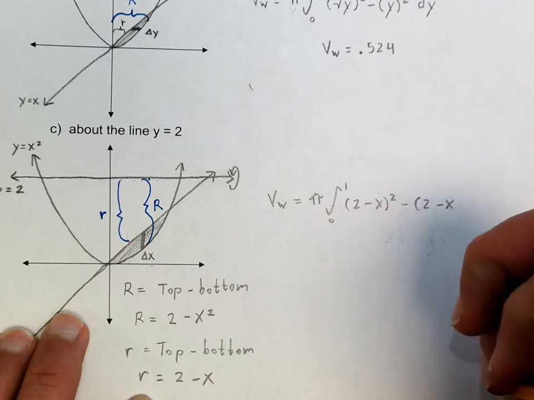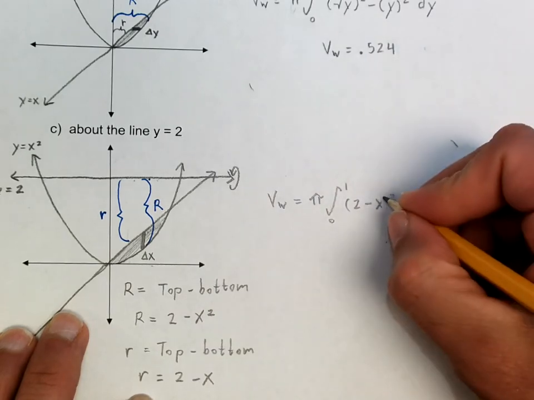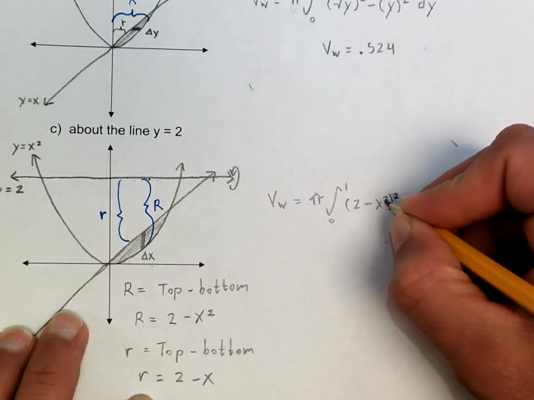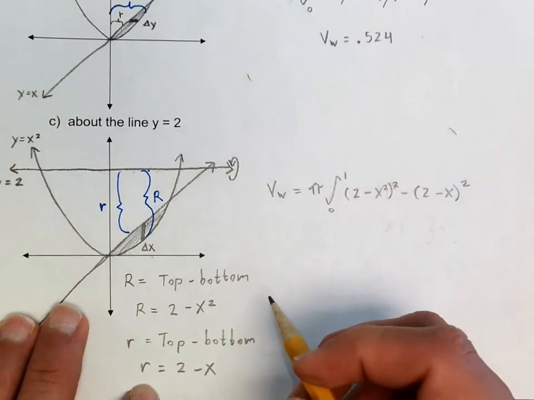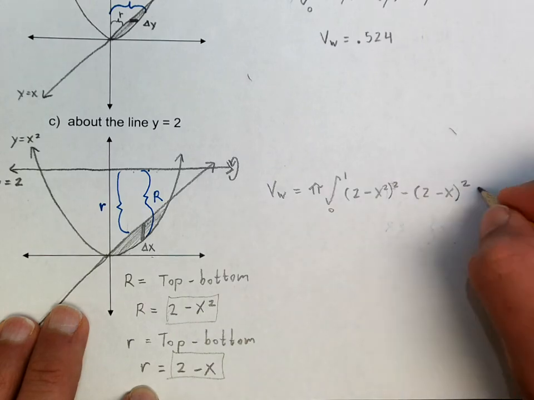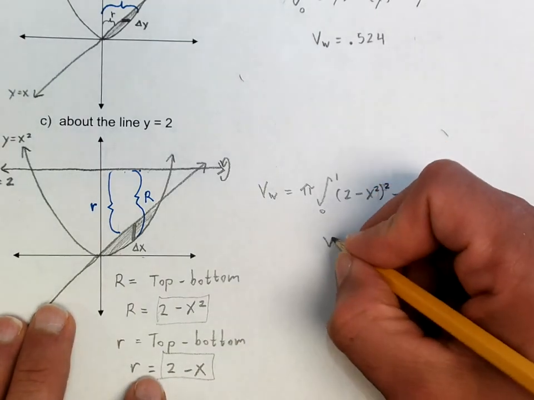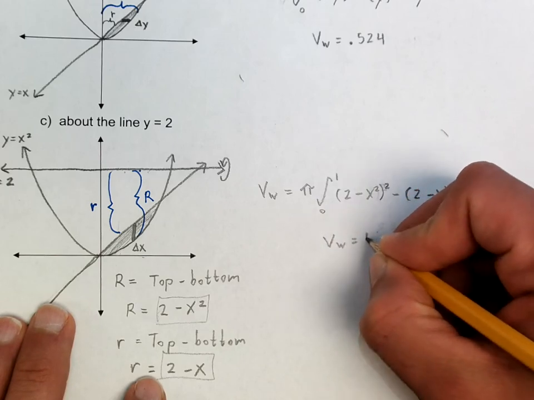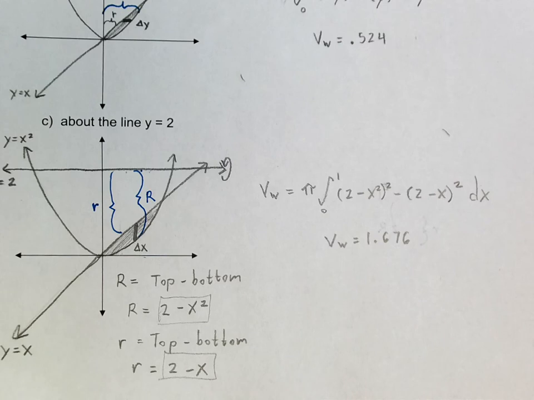Oh wait, I just realized that's supposed to be 2 minus x squared, and this one's 2 minus x squared. Notice that I'm getting those numbers from here, dx. If you put that in your calculator, you'll get the volume of the washer is equal to 1.676.